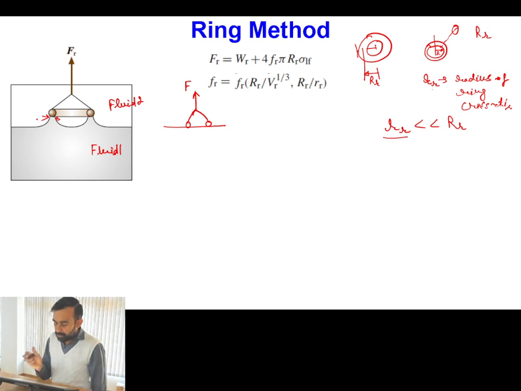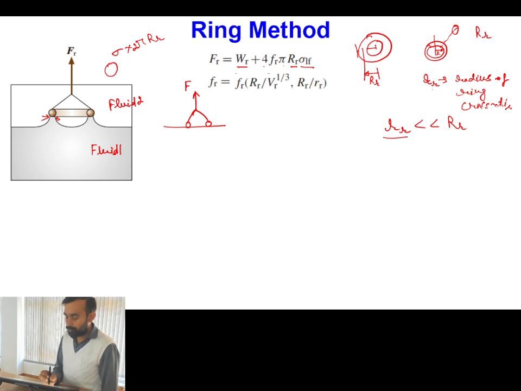Here you can see the downward force will be the weight of the ring, W_R, plus the force because of surface tension. We know that the surface tension force is sigma times 2 pi R, where sigma is the surface tension coefficient, and 2 pi R is for one interface, the inner interface.